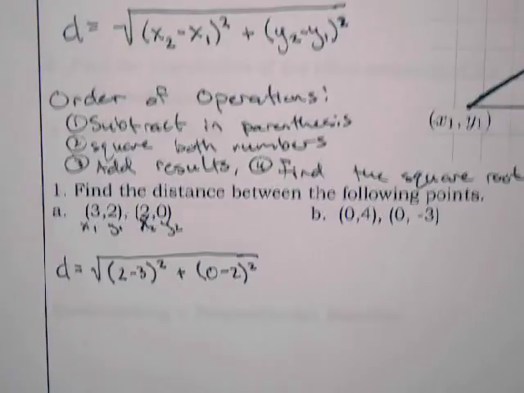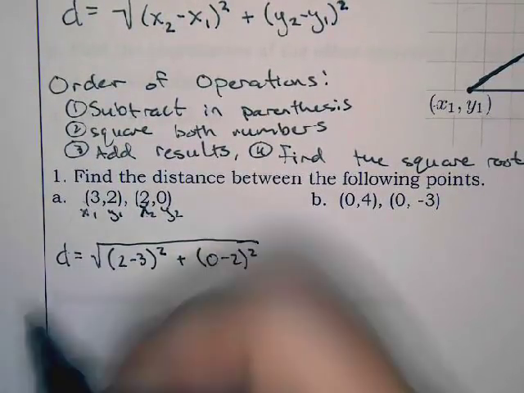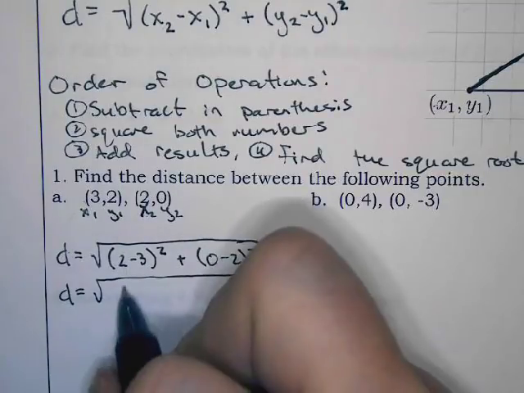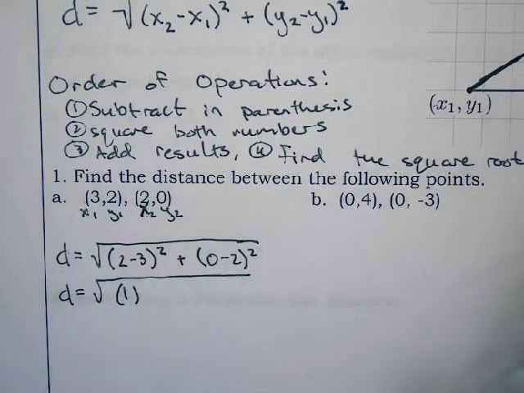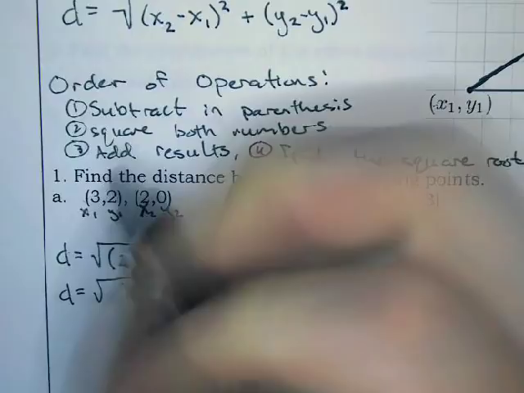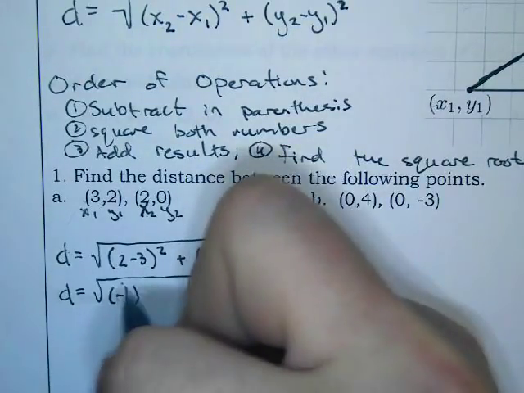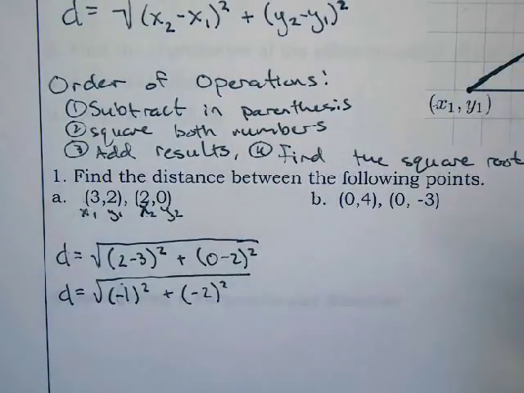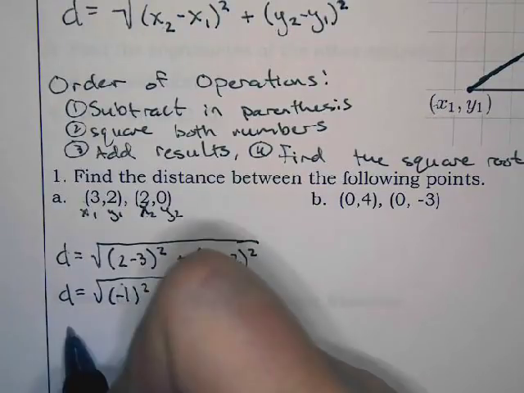Now let's simplify. So first we subtract in our parentheses. 2 minus 3 is negative 1. Plus 0 minus 2 is negative 2, and we'll square that. Now we'll square both numbers.